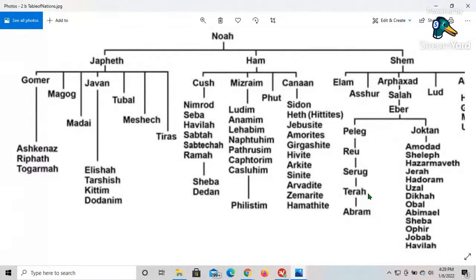So this guy here, Terah, was the idol maker for Nimrod. Nimrod was in the land of Shinar, Mesopotamia. When Cush and his other sons went to Africa, Nimrod remained in the land of Shinar with Abraham's father Terah, who was the idol maker, and Abraham called them out on their idolatry, got into trouble for it.